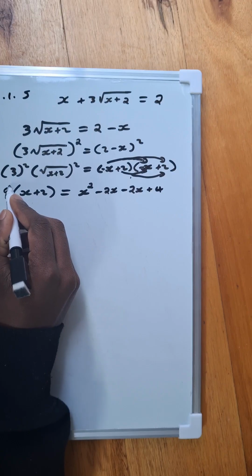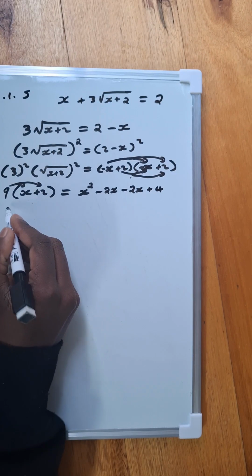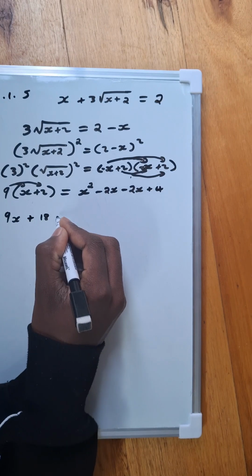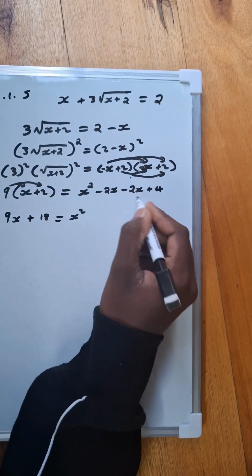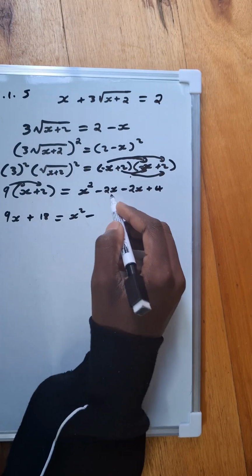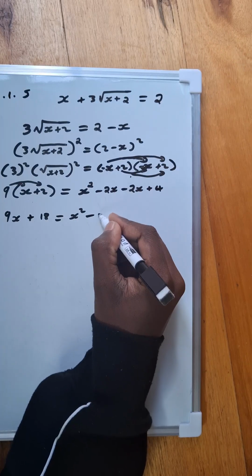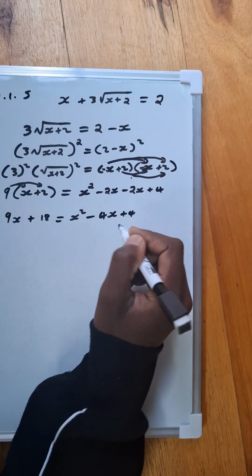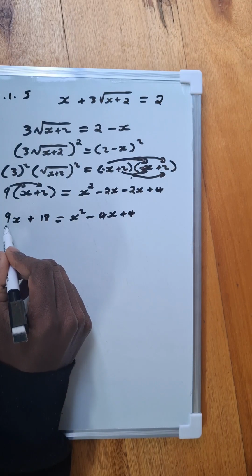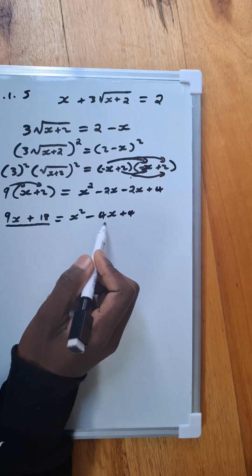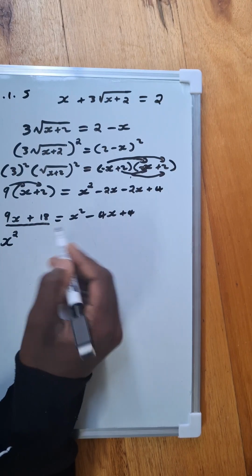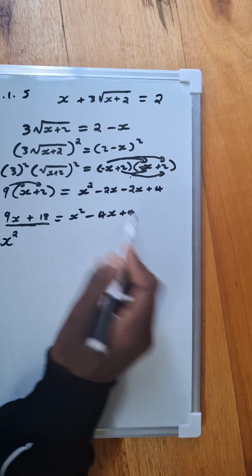So this 9 will multiply everything in the bracket, so it will be 9x plus 18 equals x squared. So here you add like terms. This side it is negative 2x minus 2x, so it is minus 4x plus 4. I have to get this into standard form, so I take everything from this side to that side.